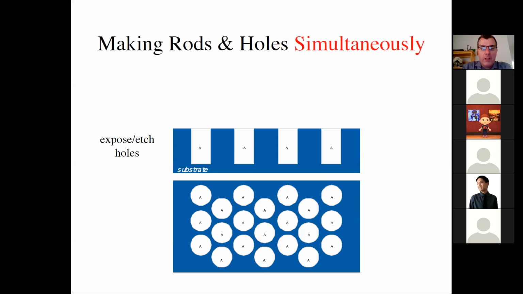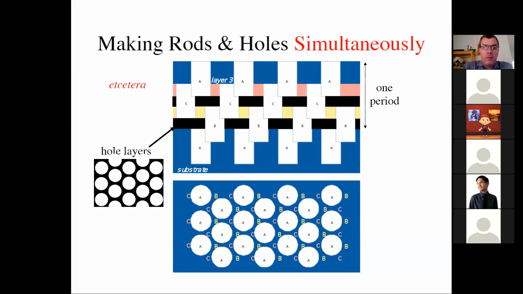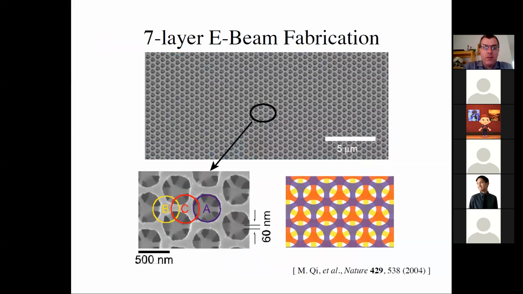You can make rods and holes simultaneously, so you can extend holes deep into a substrate to produce periodic patterns like this. There's a lot of interesting physics done in systems like this. I am not a clean room fabrication guy, so I'm going to get the details wrong.